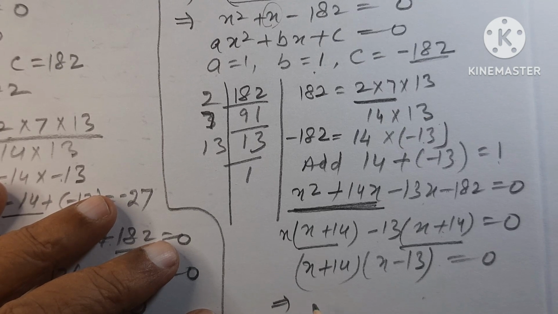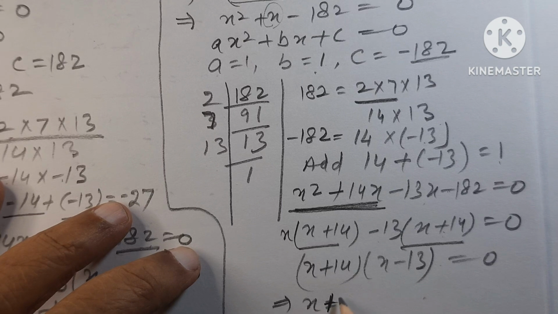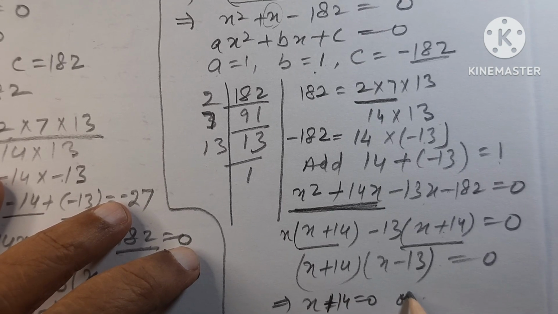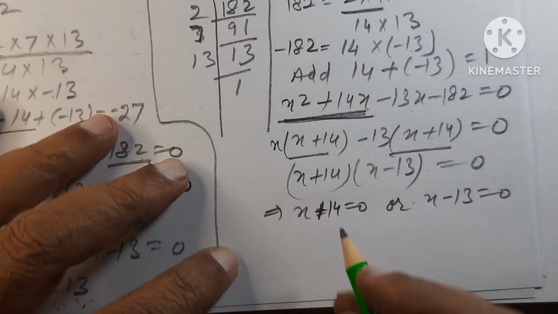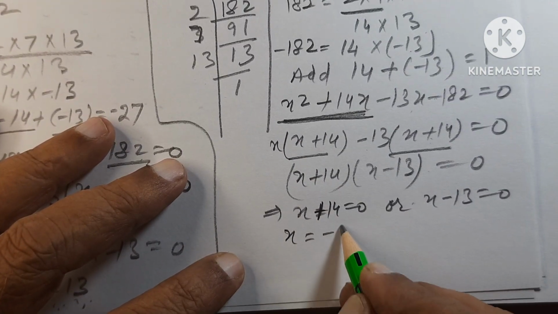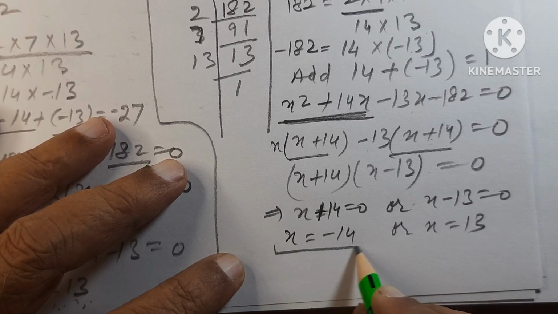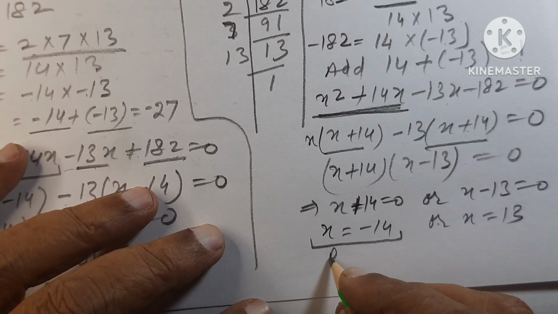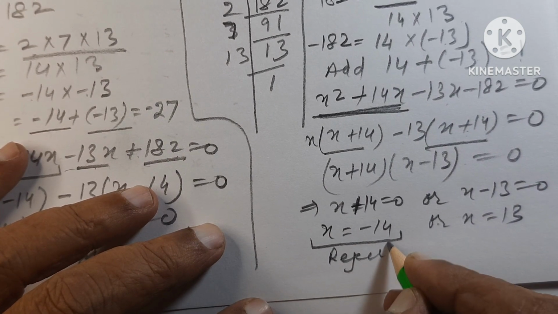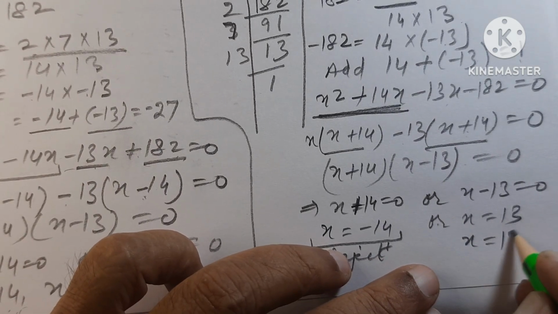That means x is equal to minus 14 or x is equal to 13. This we will reject because we are given two positive integers. So minus we will reject. So we are left with x is equal to 13.